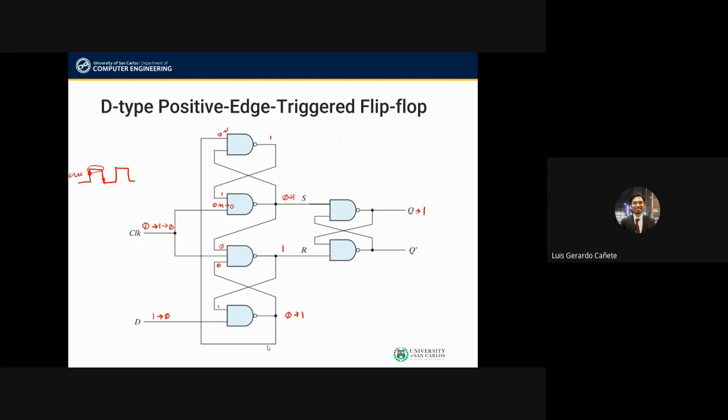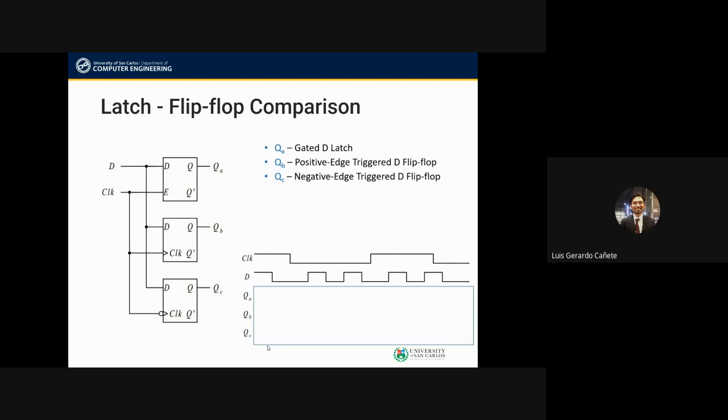Okay, so let's try to look at the difference between a latch, a flip-flop that has a positive edge, and a flip-flop that is a negative edge flip-flop. We can determine whether a flip-flop or a latch is level triggered or edge triggered by looking at the value here. Notice that E here is just another input.